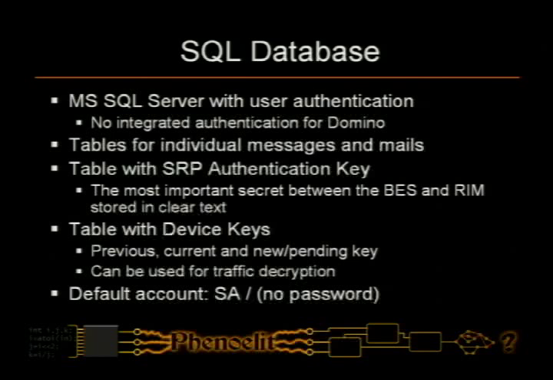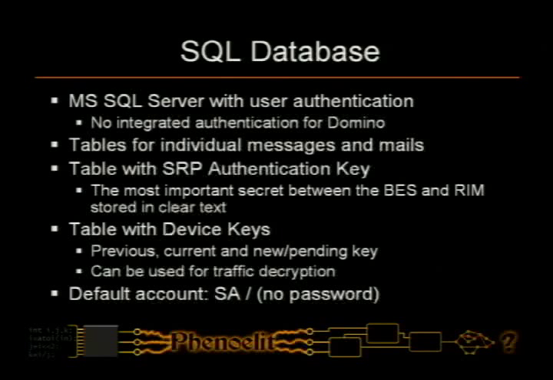The SQL Server turns out to be the easiest way to break into an enterprise server, especially if you're an internal attacker. With Domino, for example, it's not set up for integrated authentication, meaning that it would use the domain accounts of Windows, but it's actually using a username and password combination. It contains tables with individual messages and the emails, all in clear text. It contains a table that has the SRP authentication key in clear text sitting in a database.